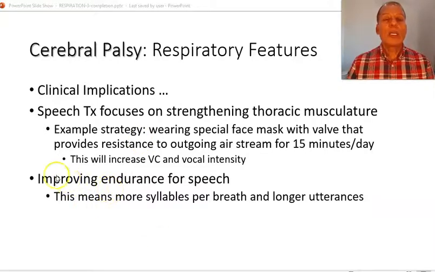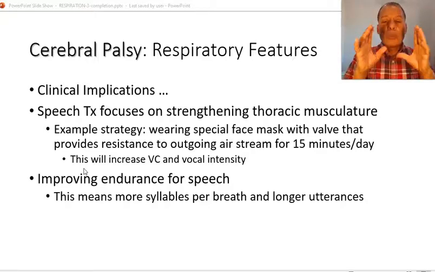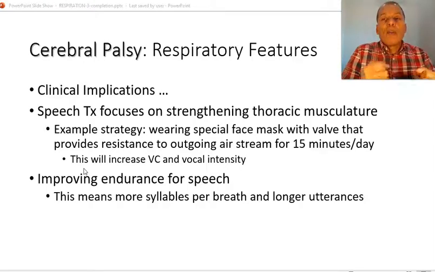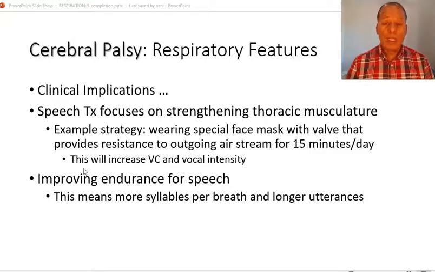In addition, in terms of speech, one big piece is to focus on strengthening thoracic musculature. For example, when you have ways to make the person push air out under resistance, to have a boundary to resist the airflow, that's going to make the person have more control and use the expiratory muscles more. One of these techniques is to use a face mask that has a valve, and the valve has a certain strength.